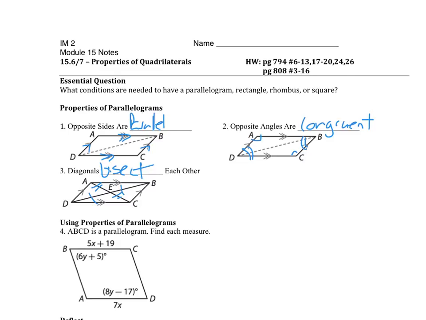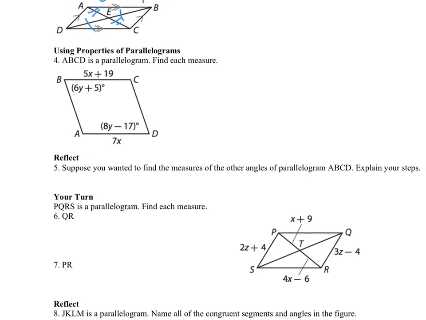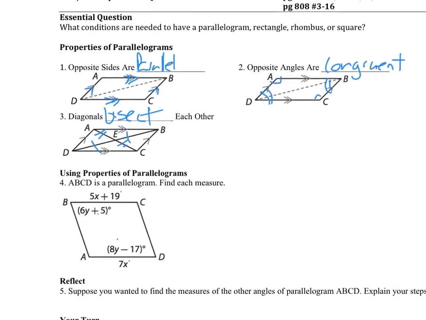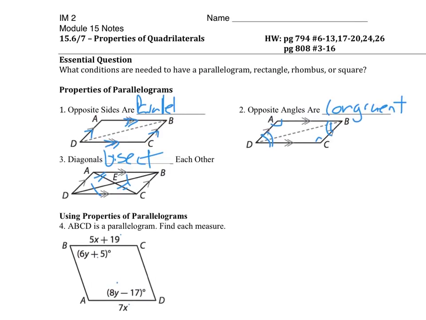Now, using properties of parallelograms, so we have something about sides and then something about angles. So opposite sides are parallel, congruent. So let me add that up here as well.